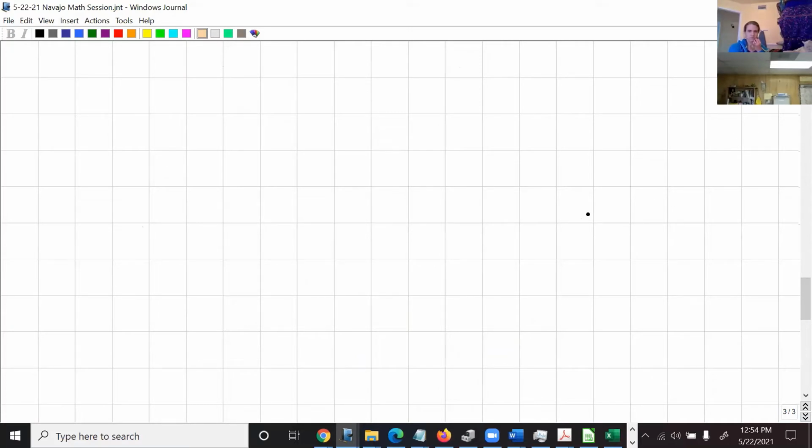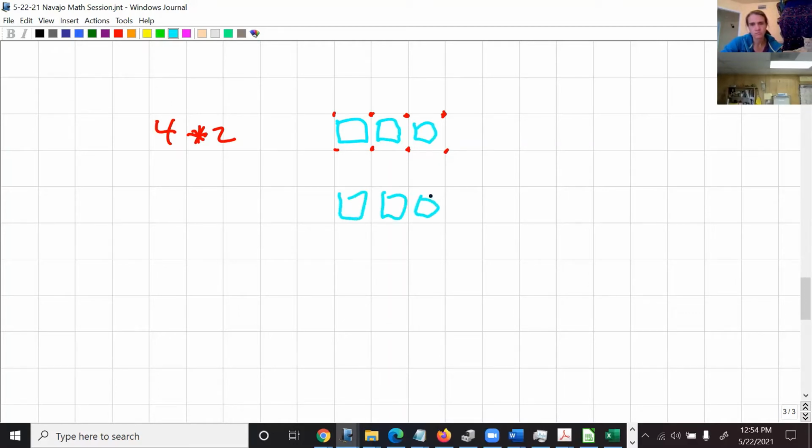Okay, if we did the 4 by 2, we would have the 3 1 by 1 squares, and then we would have a 1 by 4 rectangle. So we have 3 1 by 1s. You would have 1 by 4, which will be a bigger one.